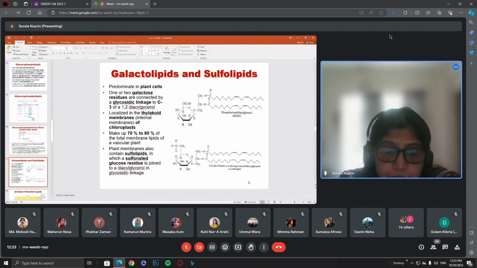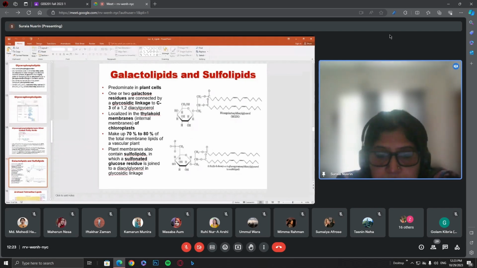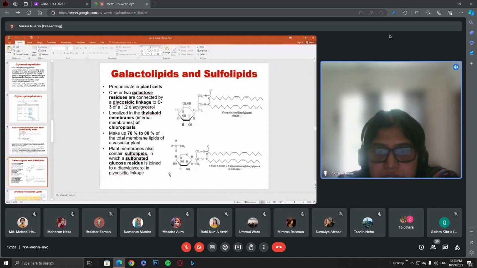Now next one is the sulfolipids. Very simple: where the hydroxyl groups of the sugar residues are sulfated, then we call it sulfolipids. Same way, the two fatty acids will be linked to the glycerol by what kind of bond? What is the name of the bond here, the fatty acids linked to the glycerol?